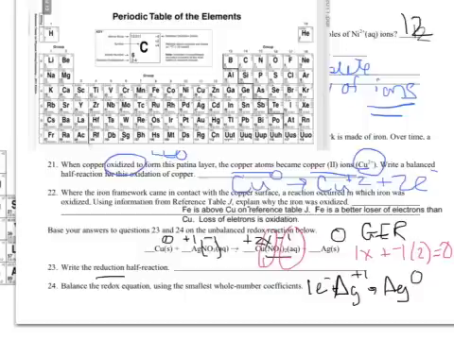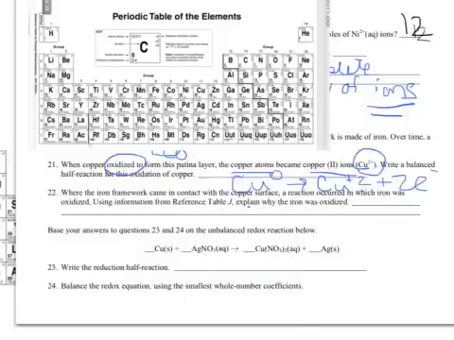The last question asks us to balance the redox equation to the simplest whole number ratio. This can be done two ways. The simplest way here is going to be to simply balance the equation, the same way you've always done. A lot of people like to create a t-chart when they balance an equation.